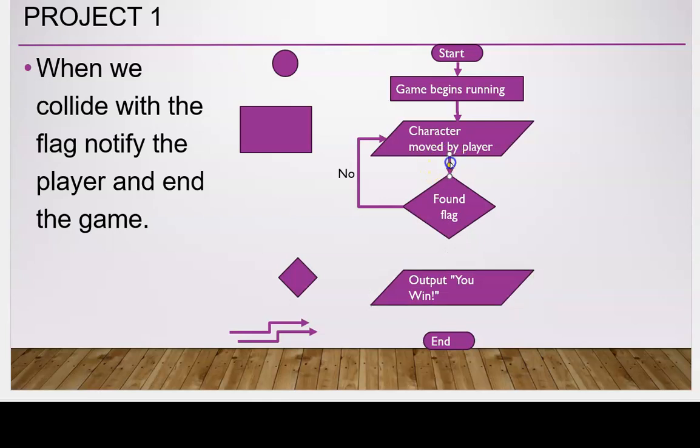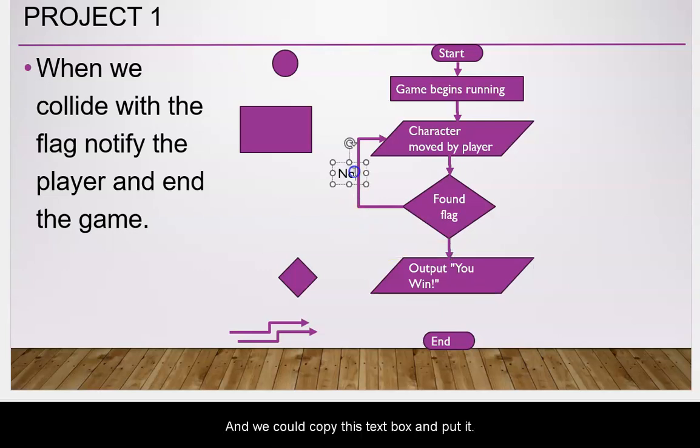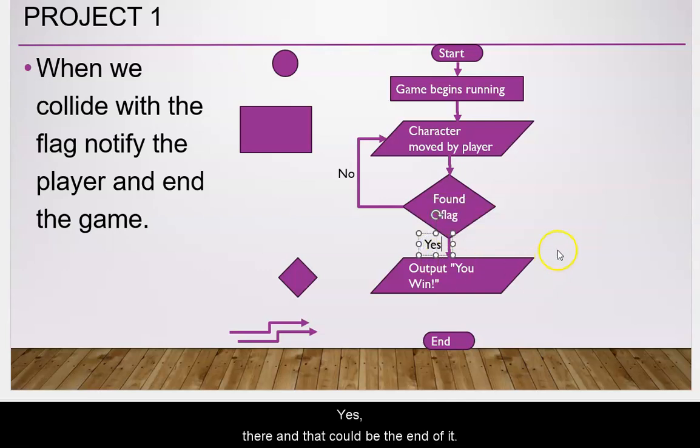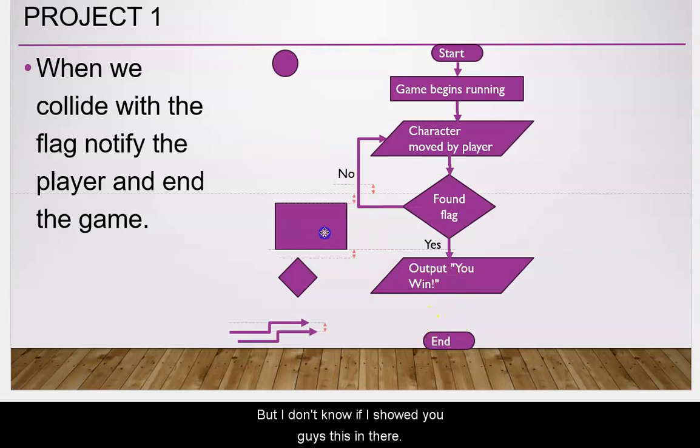And we need arrows just to show if that happened, right? And we could copy this text box and put yes there. And that could be the end of it, but I don't know if I showed you guys this in there.